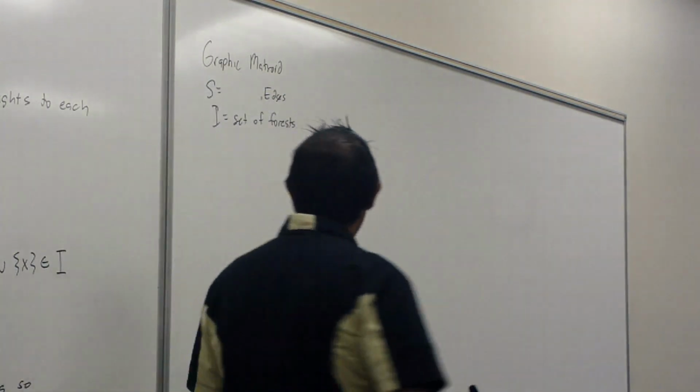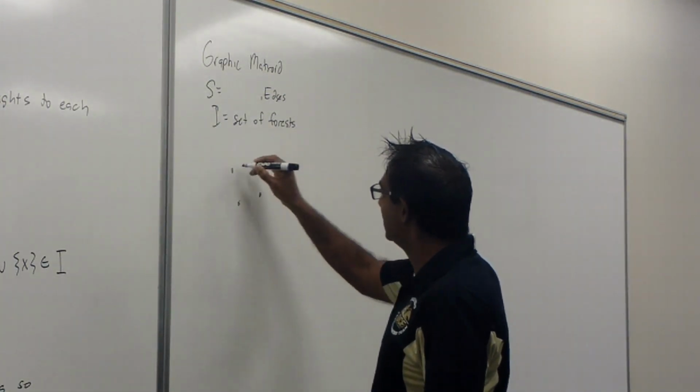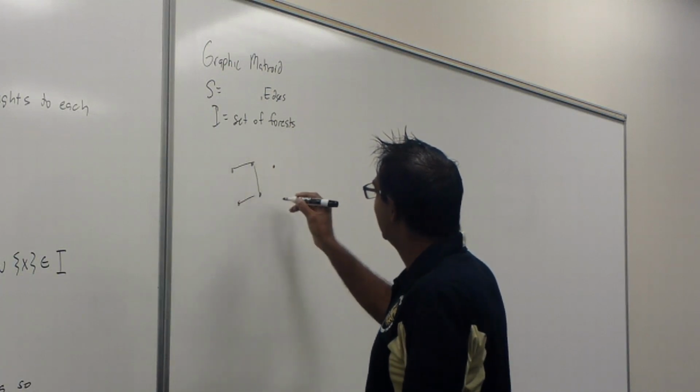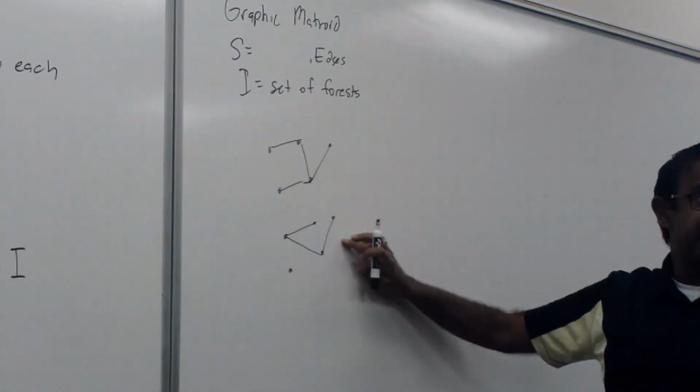So imagine that, here I'll just draw these 5 vertices. Maybe we'll do something like this. And then I'll draw the same 5 vertices. And then maybe I'll draw some different edges, but fewer. 1, 2, 3, 4. Maybe this is 1, 2, 3. So you can see that this does not have any cycles, and this doesn't have any cycles.